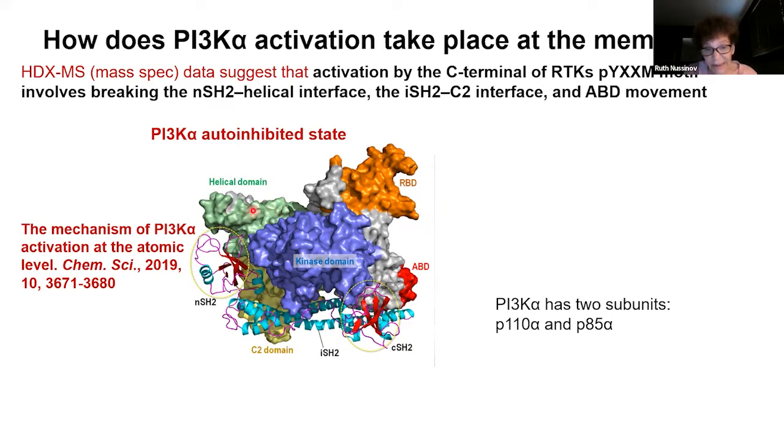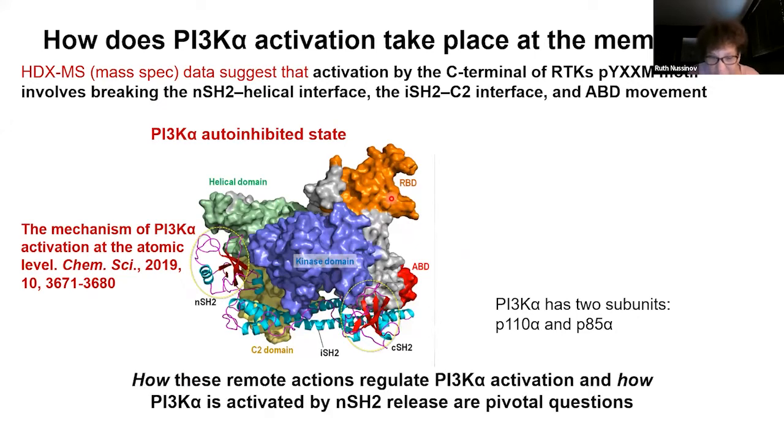So here in green, the helical domain. This is the nSH2 domain right here, leading to conformational changes at the iSH2 here in blue or cyan, with the C2 domain and the ABD movement.